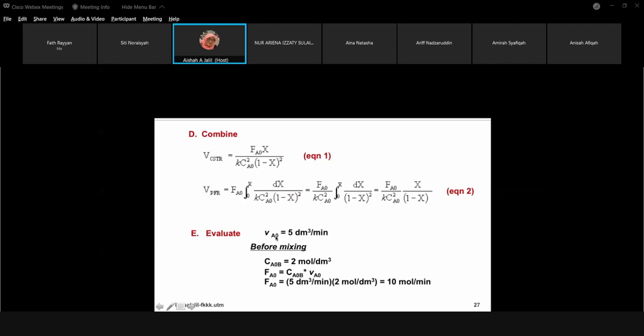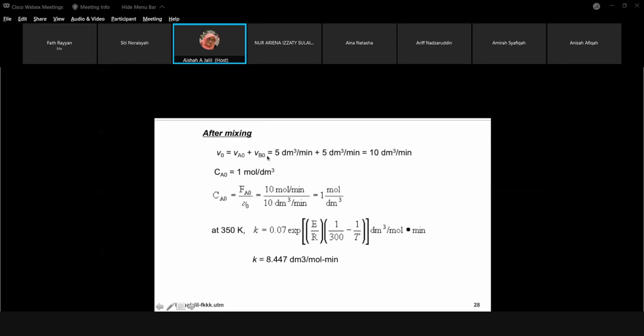This is the volumetric flow rate before the mixing, which is all given. After mixing, v0 equals v0 plus v0, and you can get the total.